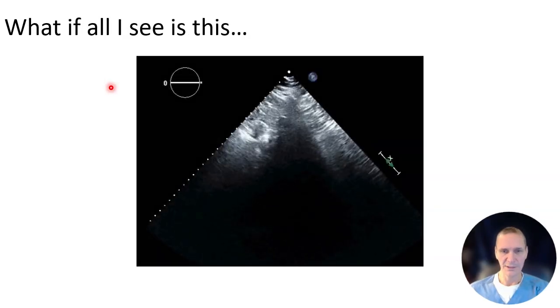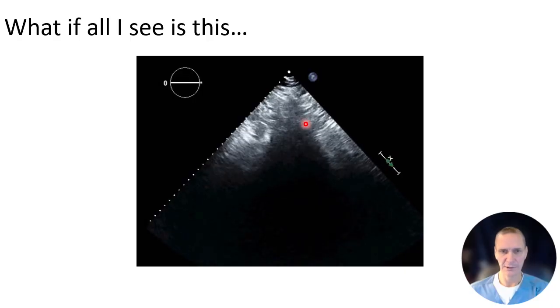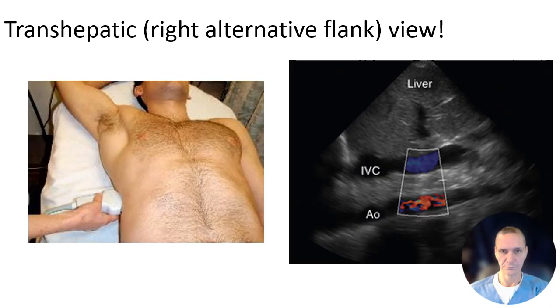One of the enemies of ultrasound is gas. In particular, with patients on BiPAP or who have gas in their abdomen, you may not see the IVC. When gas is in your way, another way to assess the IVC is the transhepatic view, sometimes called the right lateral flank view.